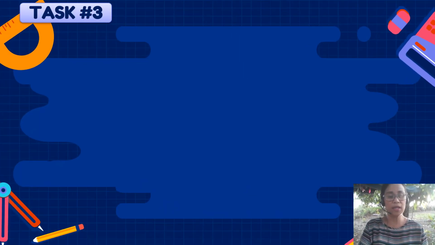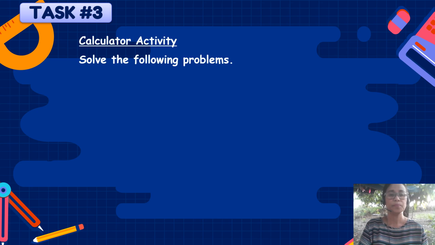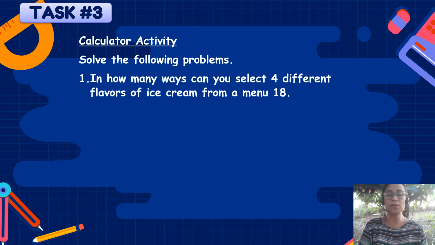So let's have now task number 3. Okay, another calculator activity, but this time these are problems. In how many ways can you select 4 different flavors of ice cream from a choice of 18 different flavors? So n is 18, but you have r as 4. Try to press this in your calculator: 18 choose 4.